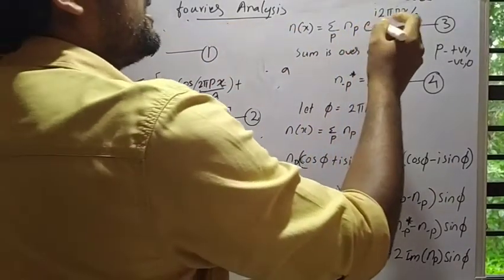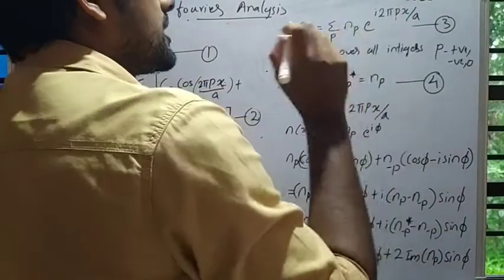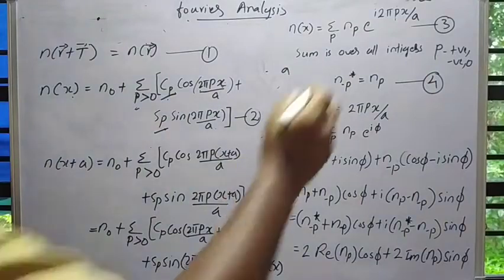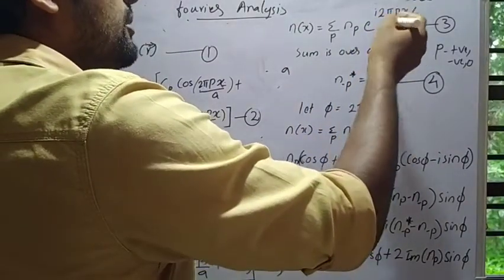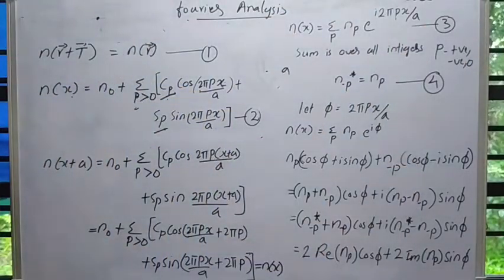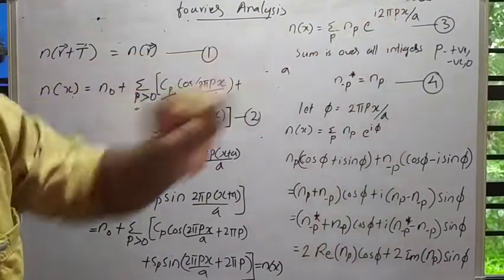And here in the right hand side of this equation, e raised to i 2 pi px over a is a complex function. And we need to make sure that the RHS is also a real function.